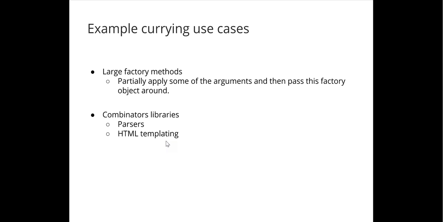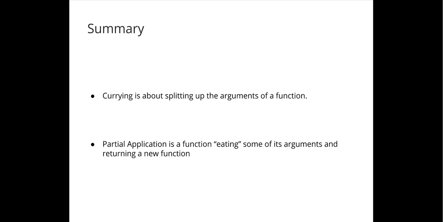And you build up a bigger, more complicated program from this. Cool. So in summary, currying is about splitting up a monolithic block of arguments to a function so they can be applied individually. And partial application is this function eating some of its arguments and returning a new function.